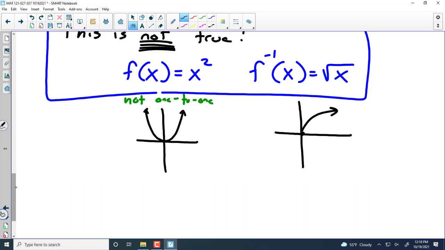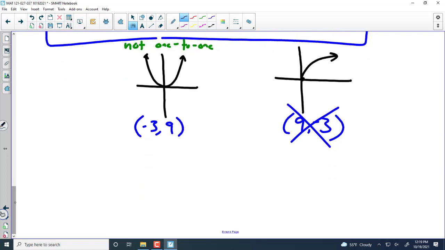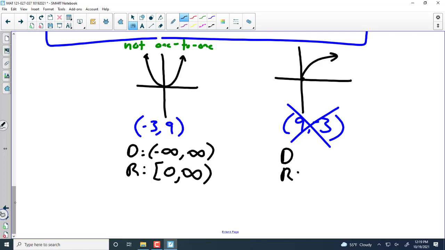And this one has the ordered pair -3, 9, for instance, but this one does not have the ordered pair 9, -3, because you can't take a square root and get a negative answer. This one has a domain of -infinity to infinity and a range of 0 to infinity, while this one has a domain and range of 0 to infinity.